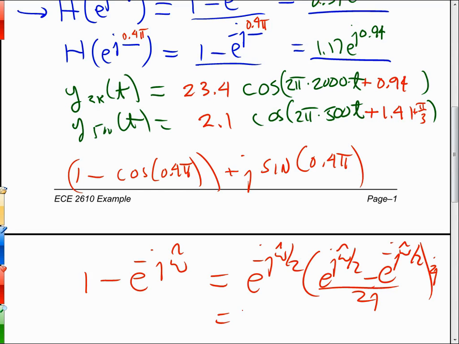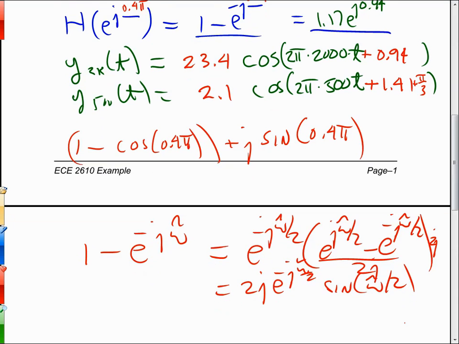So I'm going to end up with a 2j e to the minus j omega hat over 2 times sine of omega hat over 2. And then you've got to track that j through when you're doing your polar angle. To get there from here, there are multiple ways, but the tediousness is there no matter how you do it.